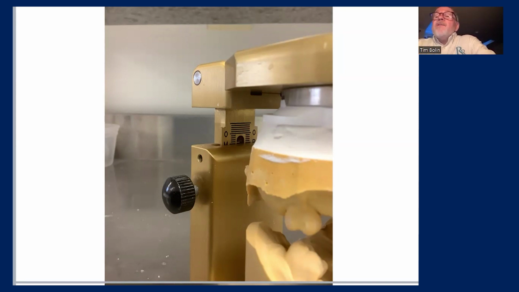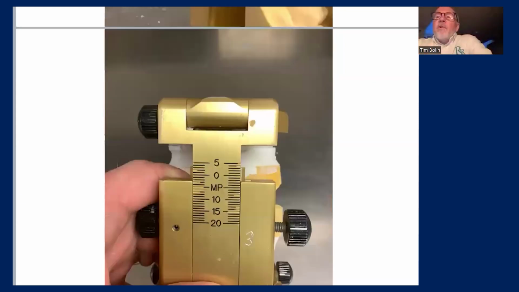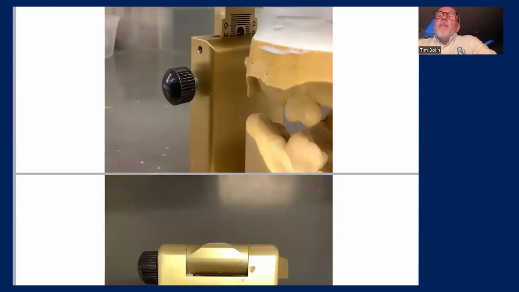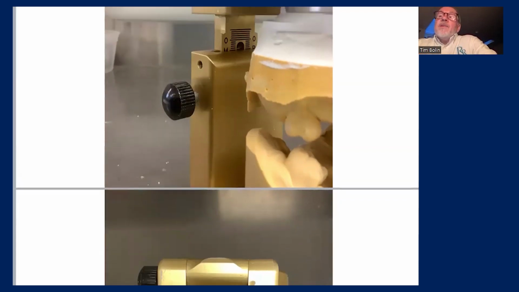Now I don't want a pure vertical opening. I want a combination of a vertical opening, a hinge opening, and I want to be able to advance the mandible. So in this particular instance, we're going to take that 5 millimeters and divide it in half.